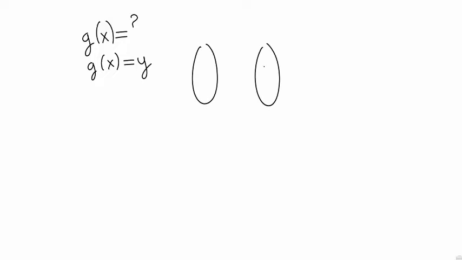In this situation, what can we say about g? What, if anything, do we know about g of x? Well, g of x is defined. It's some element y in the domain of f. What do we know about y?